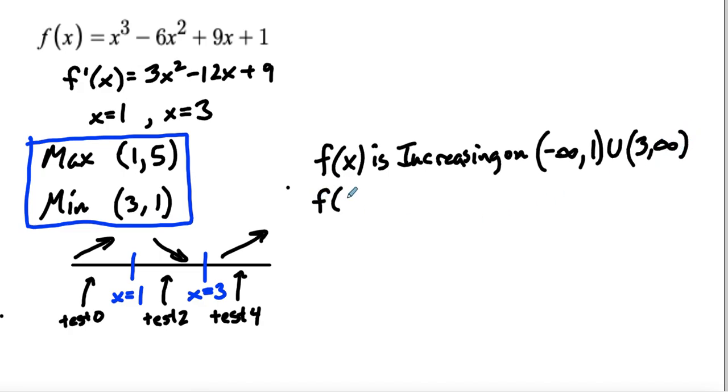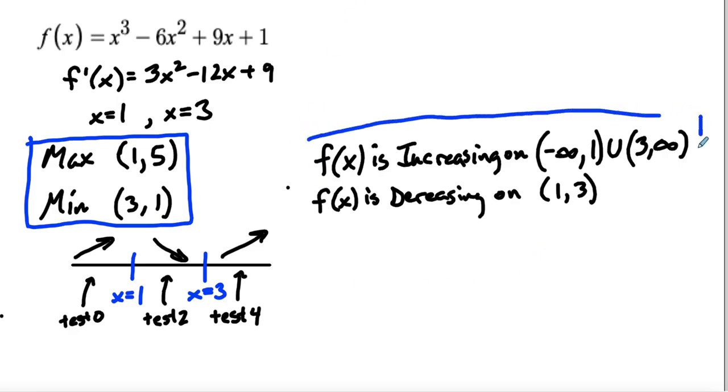And then f of x is decreasing on, well, just from 1 to 3, right? So now we're done with this first problem. We have our maxes and mins, and we have our intervals of increasing and decreasing. So we're good here with this problem.